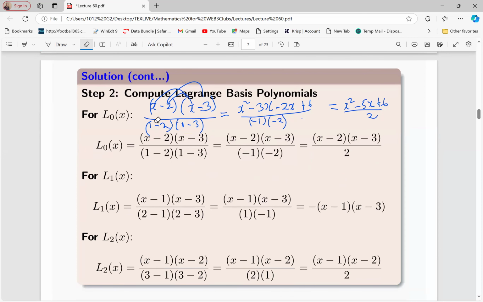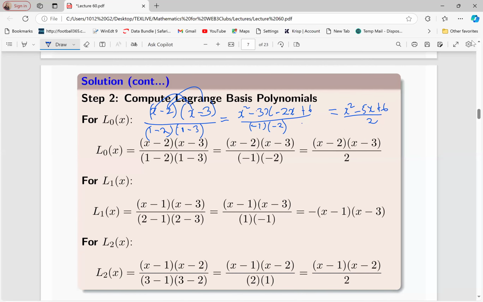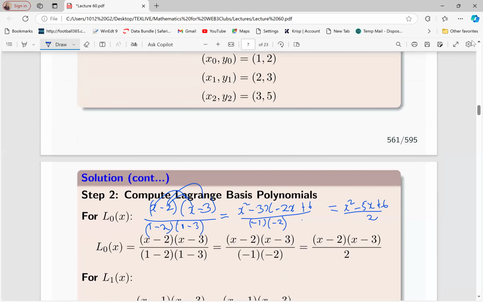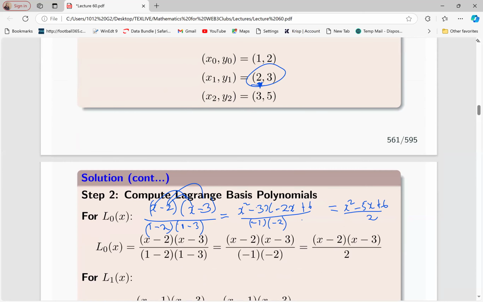Okay, let's come to L1. We go back and see which point we are considering. This is the point we are considering. So this x is the x value. So L1 of x will be x minus the other x values.